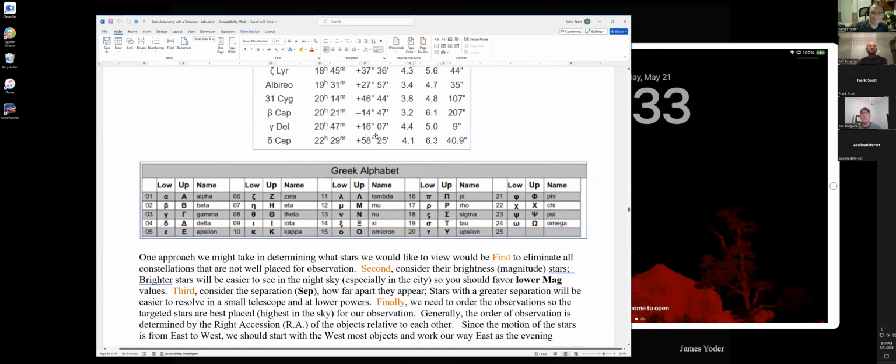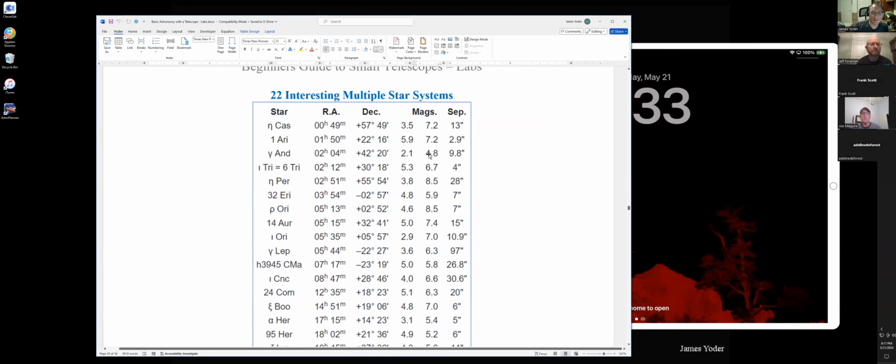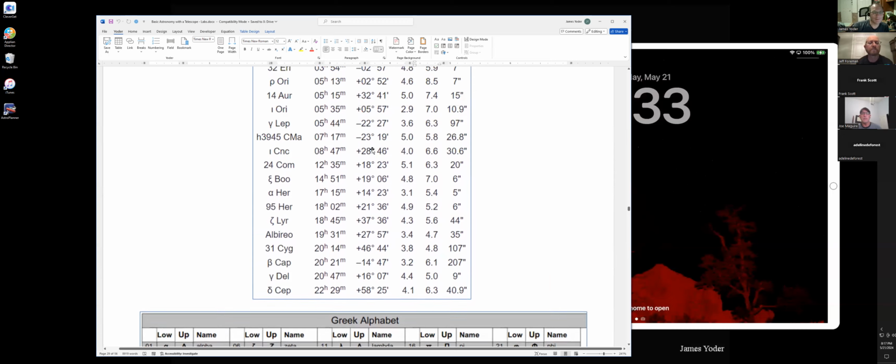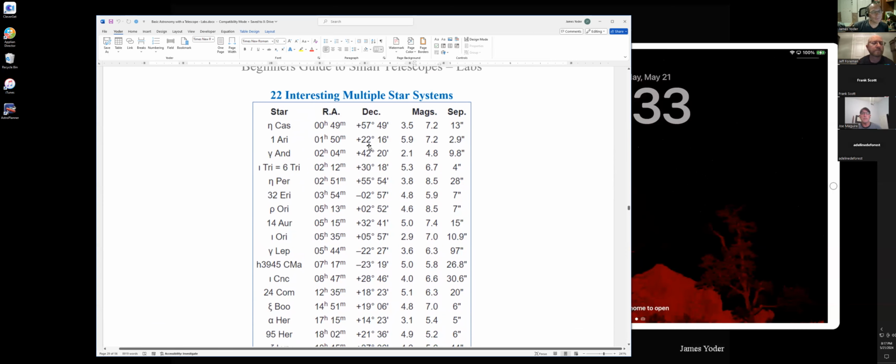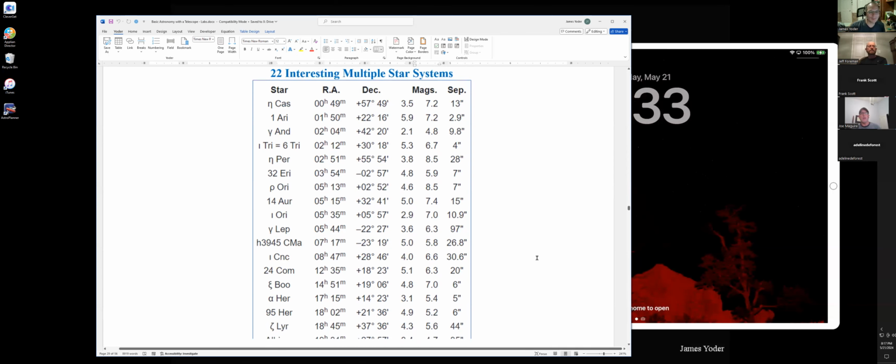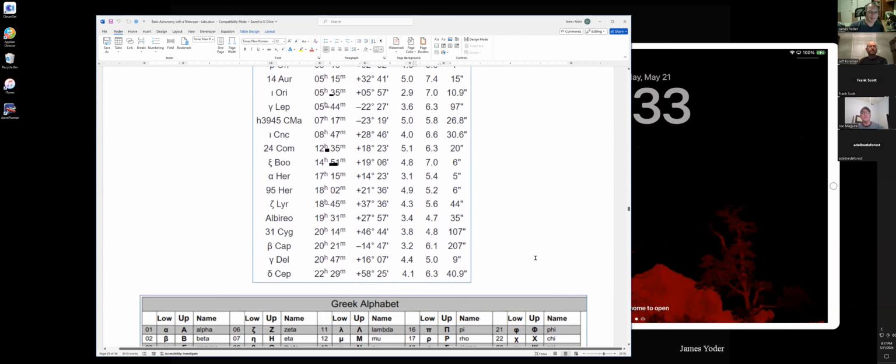Actually, this table up here may indicate it, maybe not. But anyway, this is supposed to be colorful stars, so that's used pretty liberally. Some of these multiple star systems can be pretty fantastic looking as far as the color contrast, but not many of them are that great. Mostly they look like greenish-colored stars or white stars, nothing that exciting.